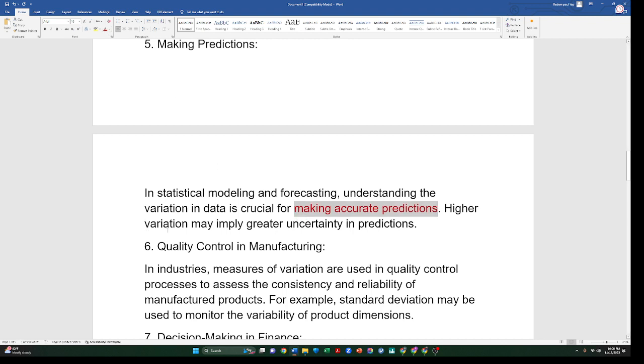Higher variation may imply greater uncertainty in prediction. If your scores are very far apart and the variation is large, then statistical tools like regression, which is the linear equation used to predict something, will not be accurate. So when the variation is large, that's why it should be minimal, within normal.